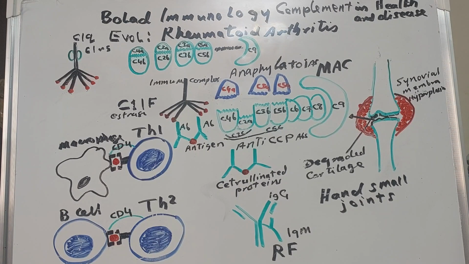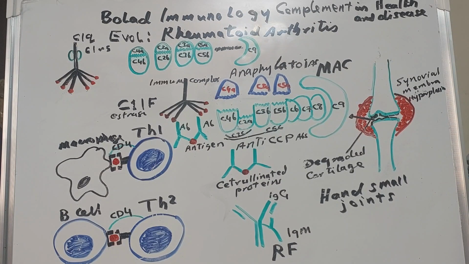So here is the story of the evolution of rheumatoid arthritis due to activation of complement by proteins known as citrullinated peptides.